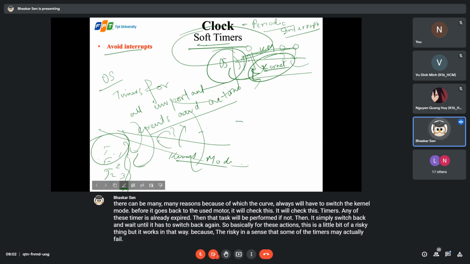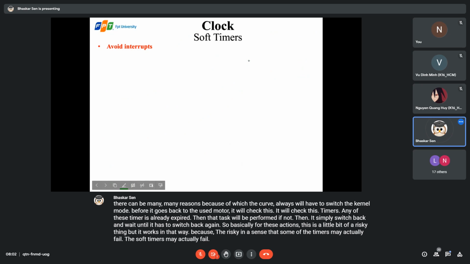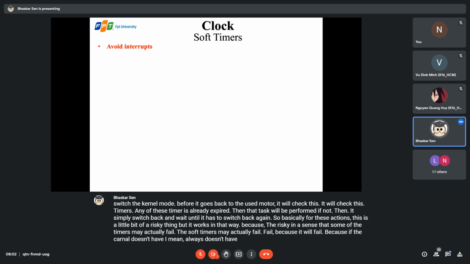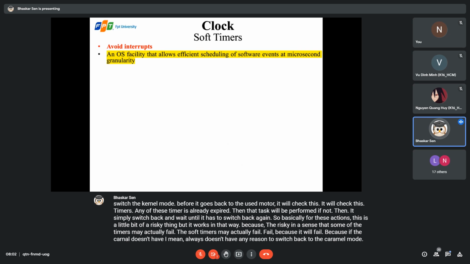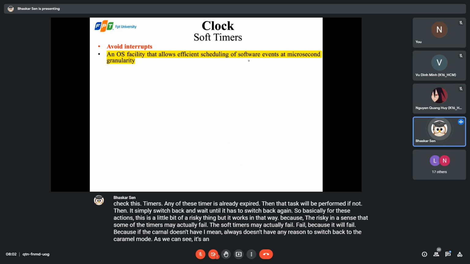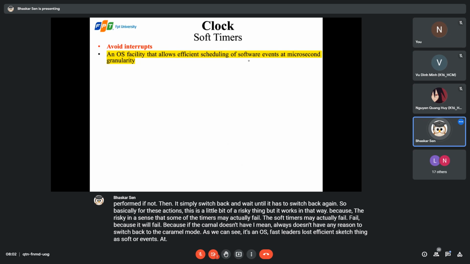The soft timers may actually fail, because the OS may not have any reason to switch back to the kernel mode. As we can see, it's an OS facility that allows efficient scheduling of software events at a microsecond granularity.